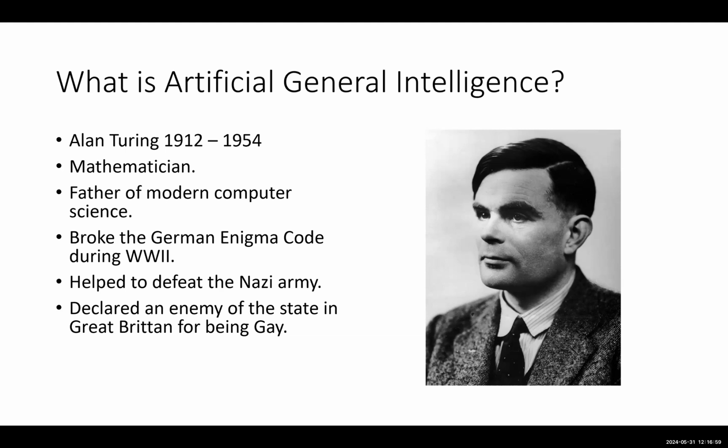Every person has a laptop or a smartphone or all sorts of different kinds of devices that are largely the direct result of Alan Turing's work and imagining the very birth of computer science. Nonetheless, he committed suicide, and I think it wasn't until about 2014 or so that Great Britain finally recognized him for being the person who he was, and he was no longer considered an enemy of the state.